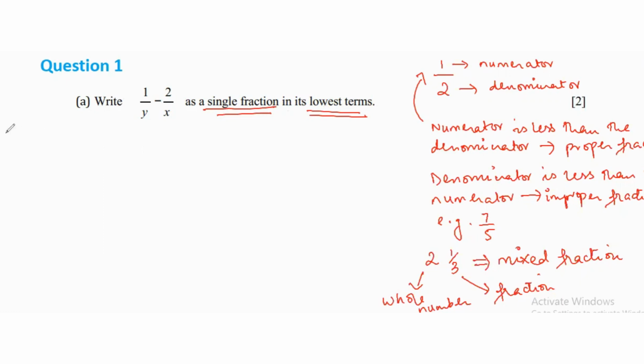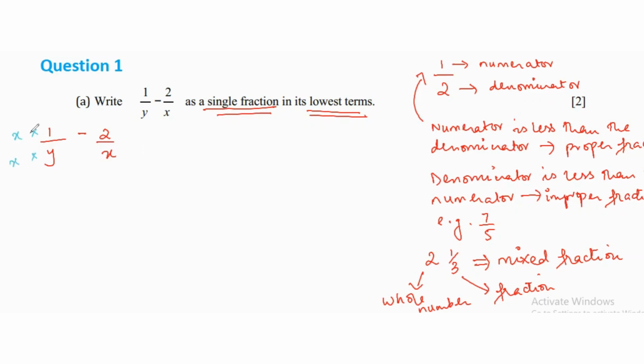Whenever you have fractions with different denominators, you have to make the denominators equal. The first fraction has a denominator of y, and the second fraction has a denominator of x. In order for these two denominators to be equal, we can multiply the first fraction with x.